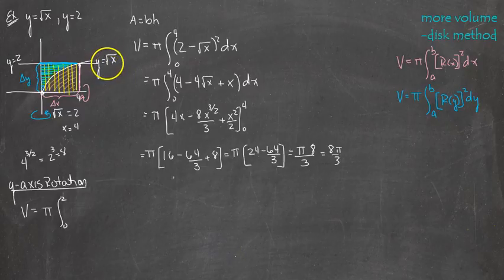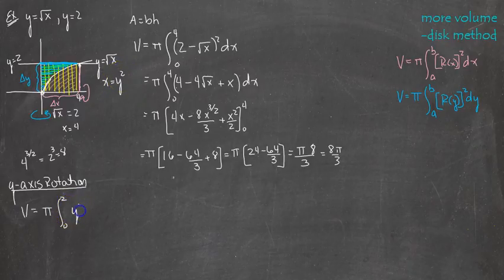So I have f of x equals root x, then solve for x, and x then equals y squared. So all I did was solve my function, this curve, which is the one I want, as a function of y: x equals y squared.